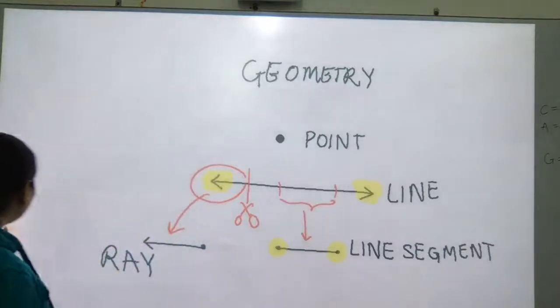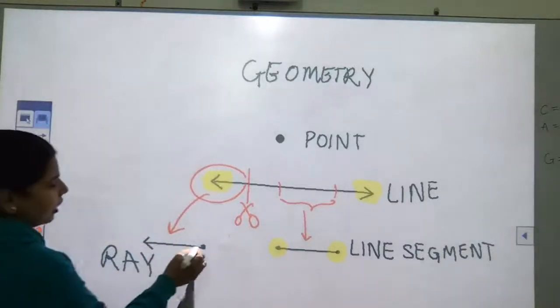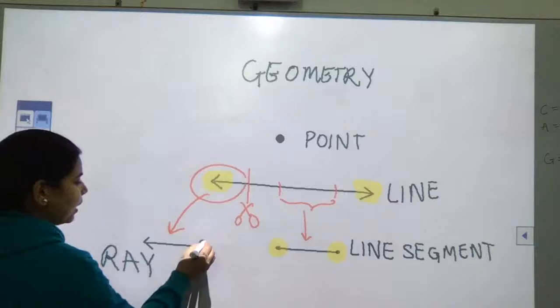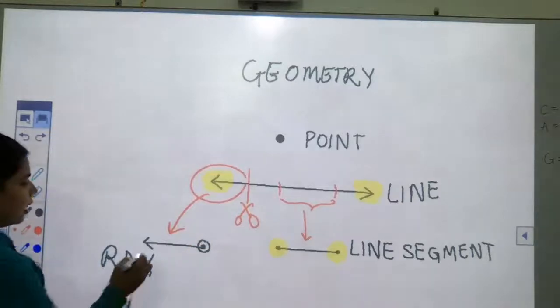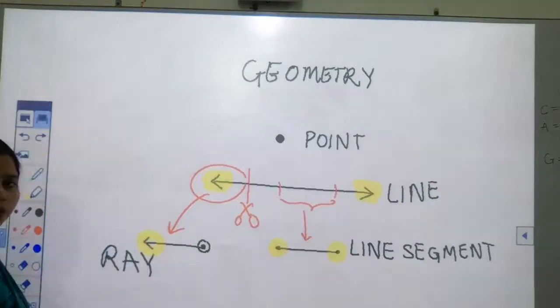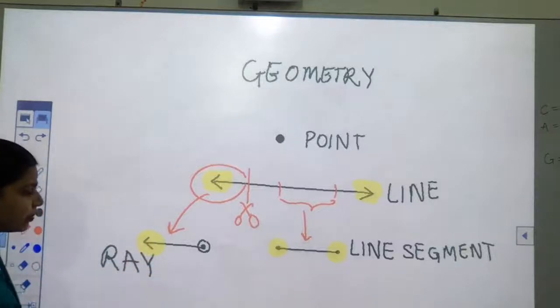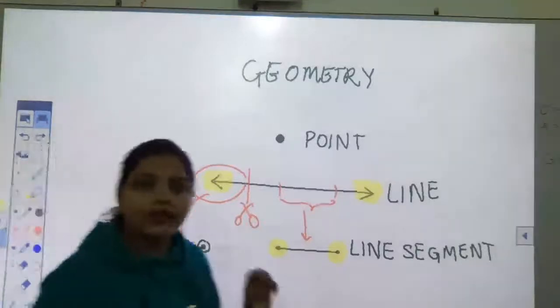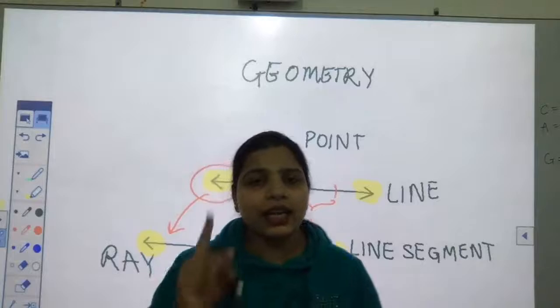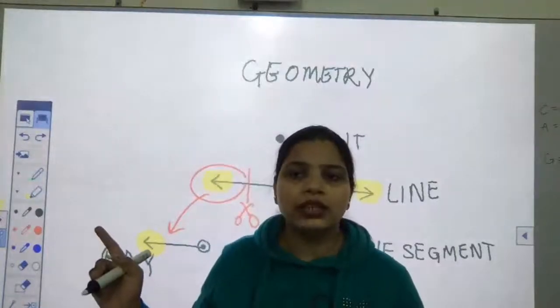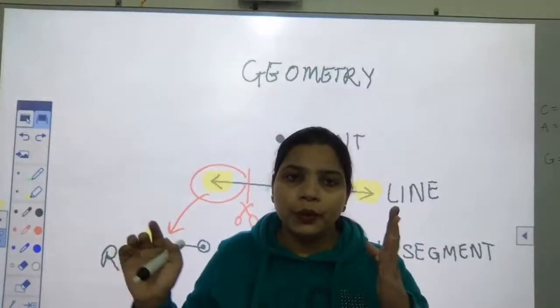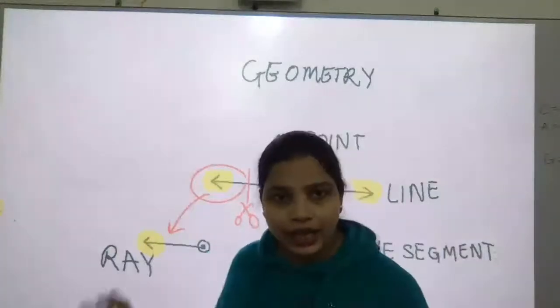Now, let's focus on this ray. A ray has one end point and another arrow. What does this mean? This means that a ray can extend in one direction only. If something extends in one direction, it will be a ray.